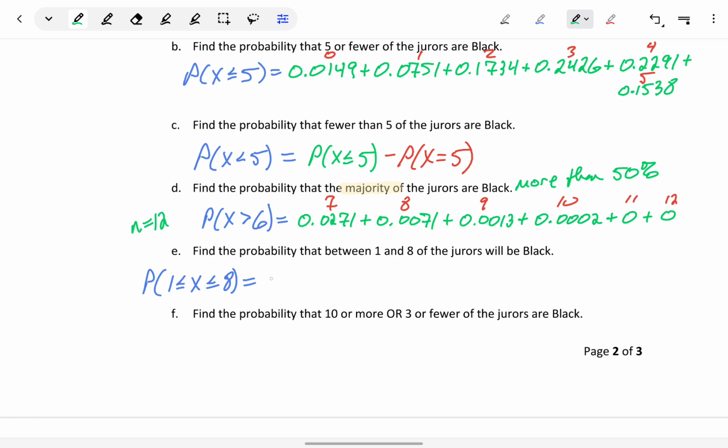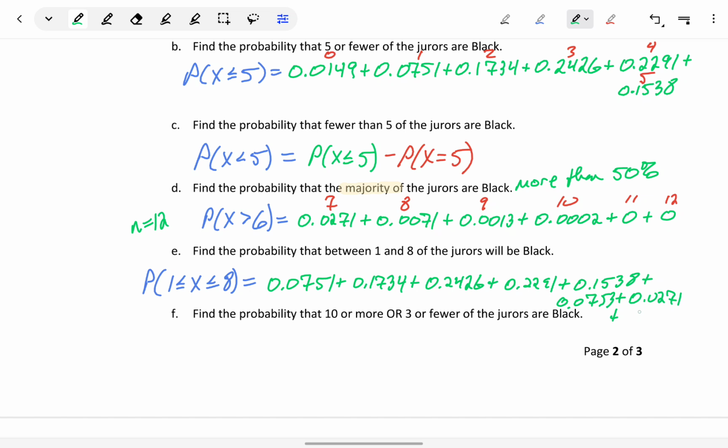So we could start off with the probability that x is exactly equal to 1, which would be 0.0751 plus 0.1734 plus 0.2426 plus 0.2291 plus 0.1538 plus 0.0753 plus 0.0271 plus the eighth value, 0.0071.